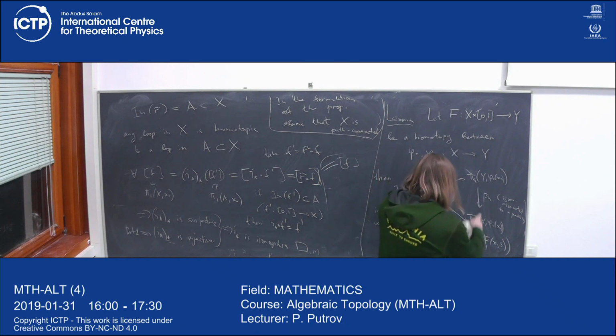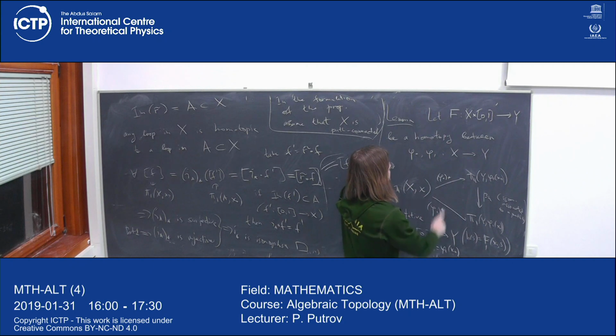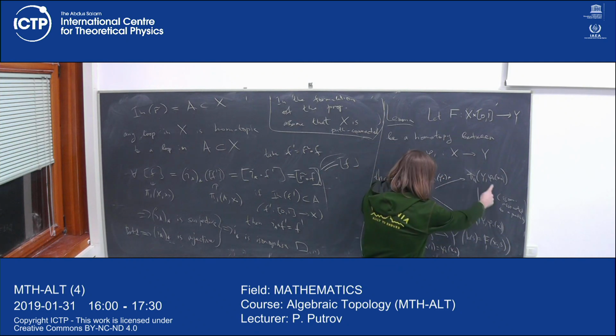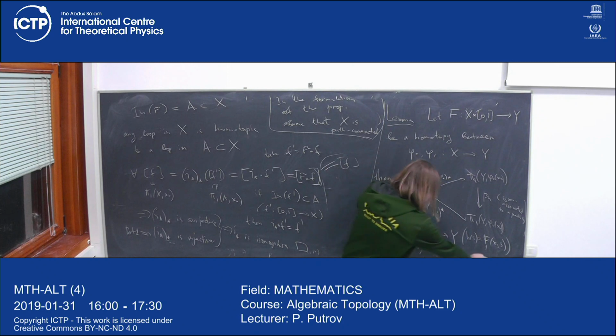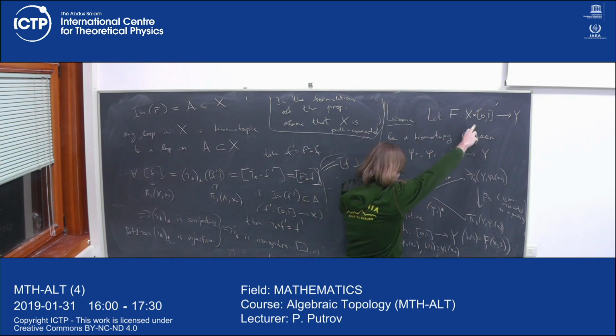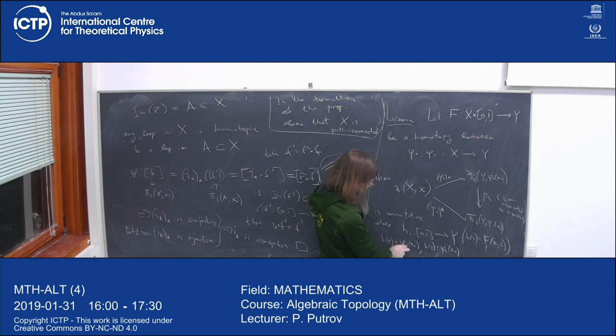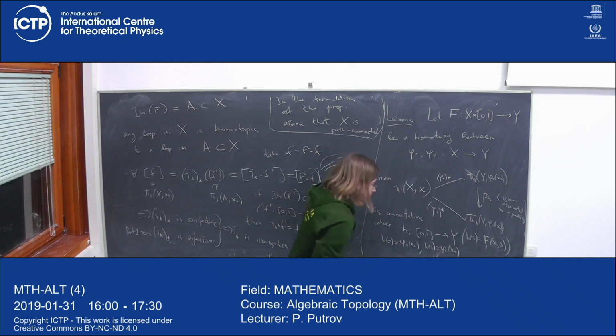But in this particular case, even if Y is not path connected, because we have this homotopy between phi 0 and phi 1, such a path between phi 0 of x0 and phi 1 of x0 exists, because one can write it explicitly. When s is equal to 0, this becomes the restriction of F at the beginning of the interval, which is phi 0 of x0, and if s equals 1, we indeed get phi 1 of x0.